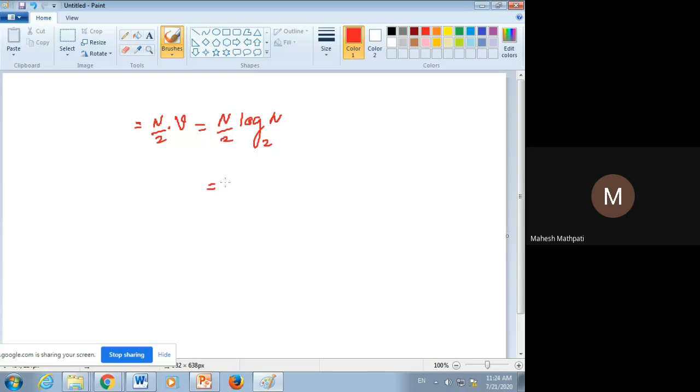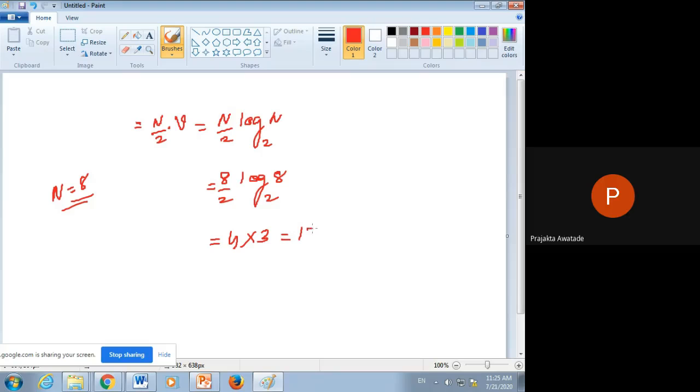So the number of butterflies required for 8-point calculation, if n is 8. So n is 8 means it is 8 by 2 into log to the base 2 of 8, or else this will be equal to 4 into, what is the value here? 3.